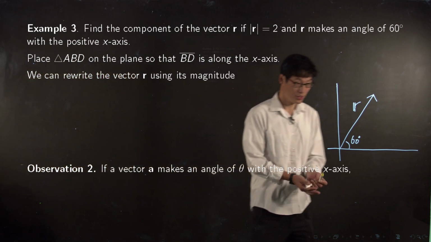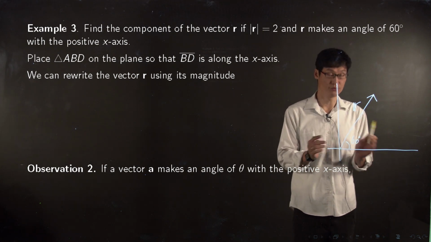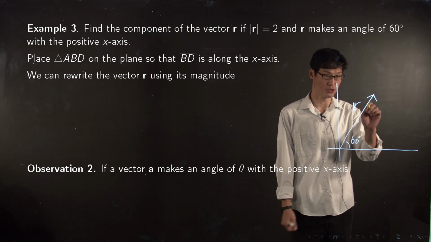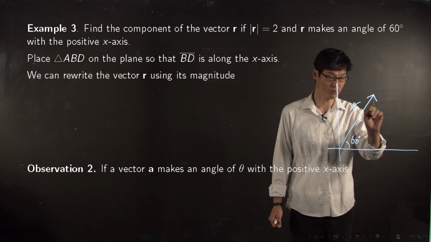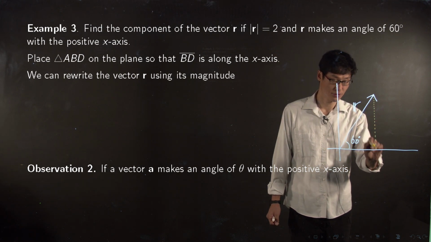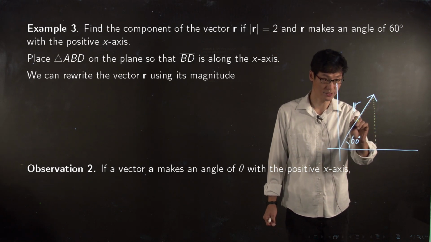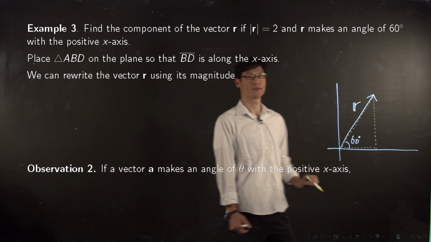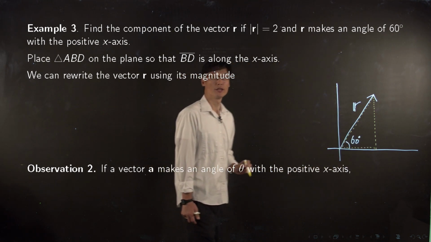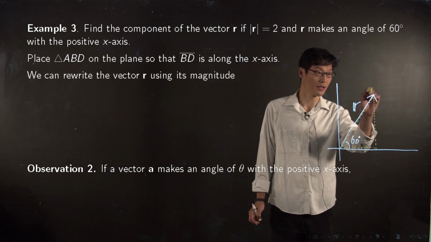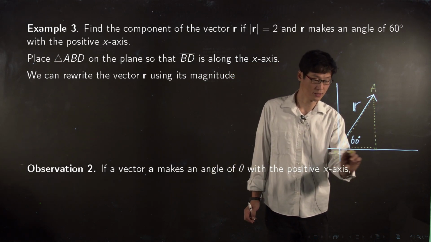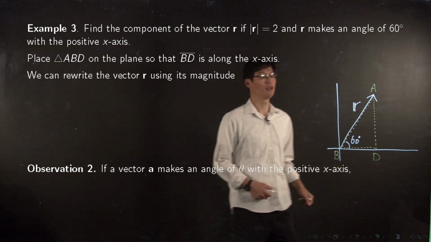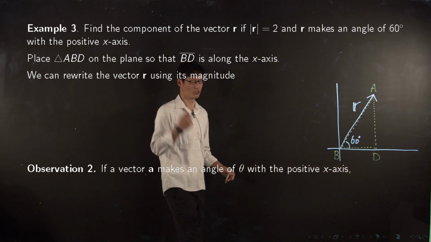We used half of an equilateral triangle on the previous page. If you remember, the left side of the triangle is like this, right? And ABD. So we are recycling the right triangle that we used on the previous page.